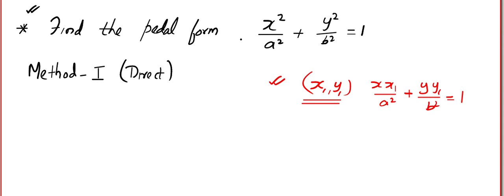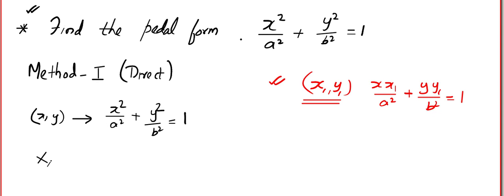So how do you start? Let small x, small y be any point on the given curve, that is our ellipse. Let capital X, capital Y be any point on the tangent at the point x comma y on the ellipse.